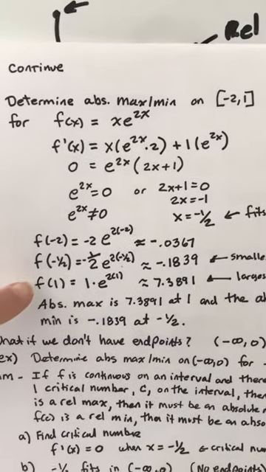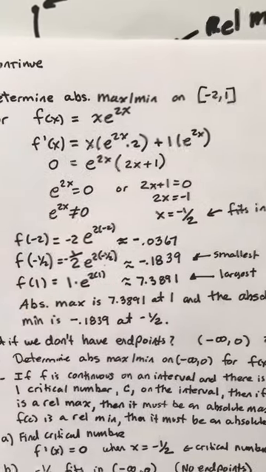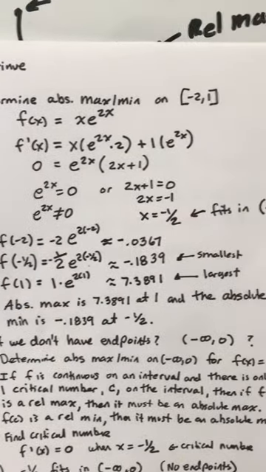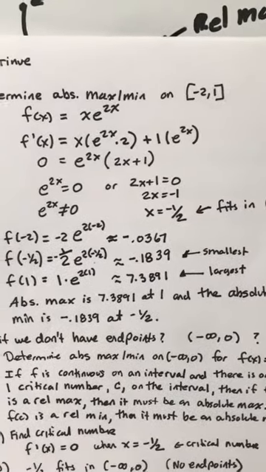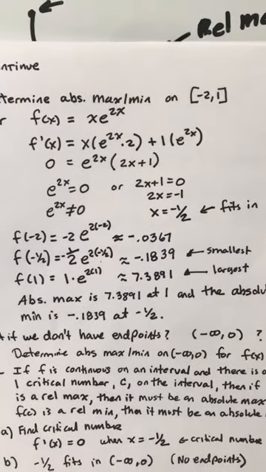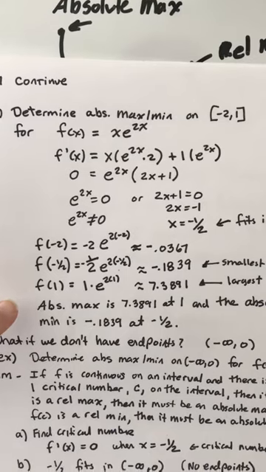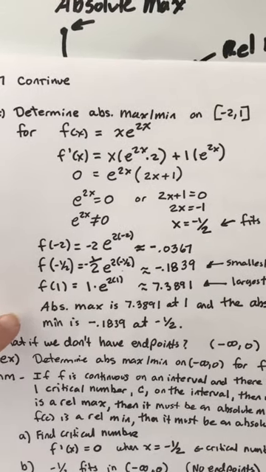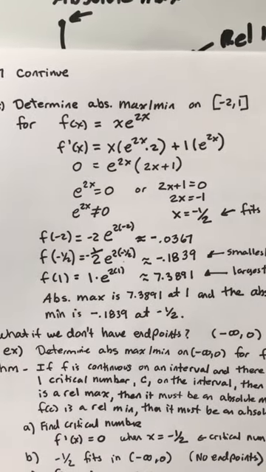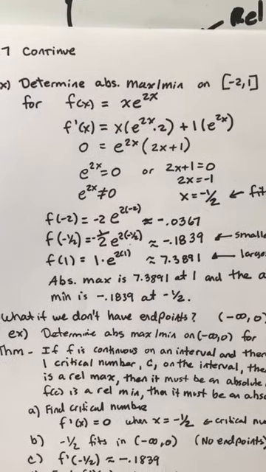And f of 1 is approximately 7.3891. So then we notice which is the smallest, which is the largest. So the absolute max is 7.389 at 1, and the absolute min is -0.1839 at -1/2.